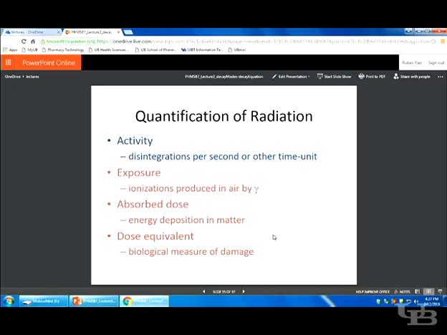For radiation, we want to use it, let's say, for medical imaging. That will depend on how we detect the radiation. That's just one type of application. So we are going to learn how we can detect radiation, and that's why we start with the interaction of radiation with matter.